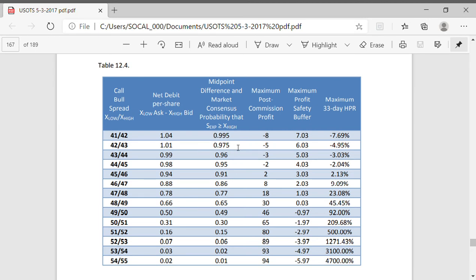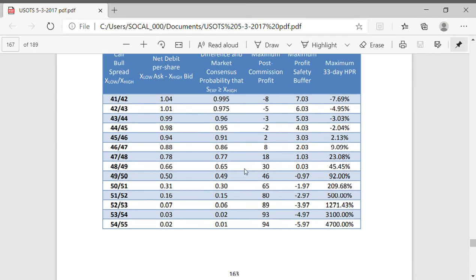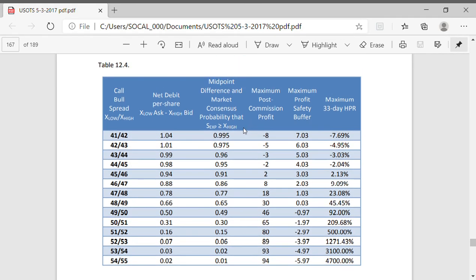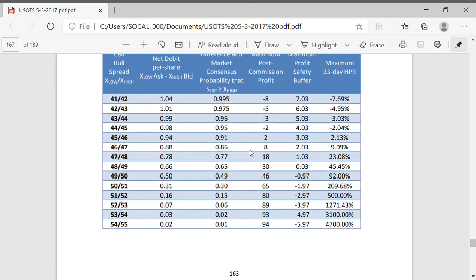So please pay particular attention to this table, and that's the point that I'd like you to realize, that when we have a vertical spread series, we are able to see the market's consensus probability of the stock price being higher than the strike price of the option we wrote right in front of us.